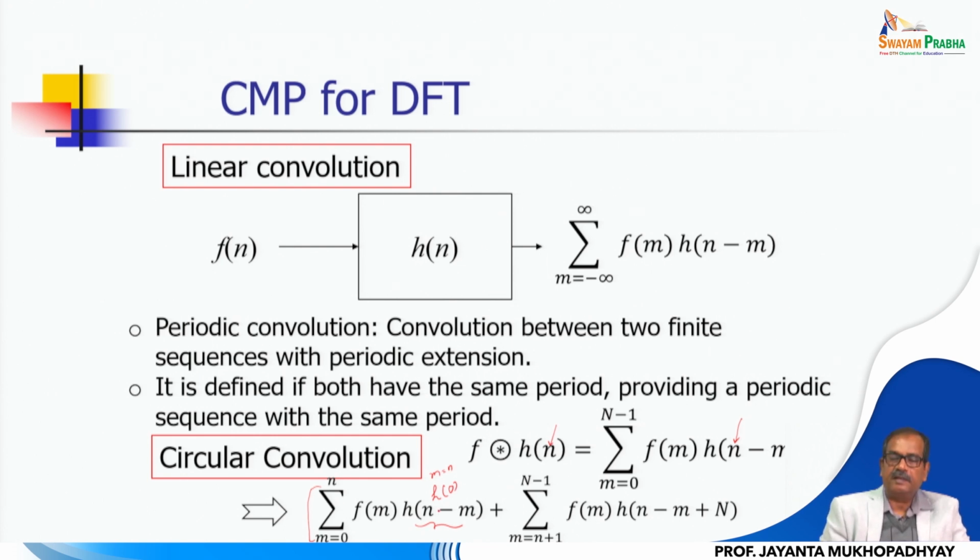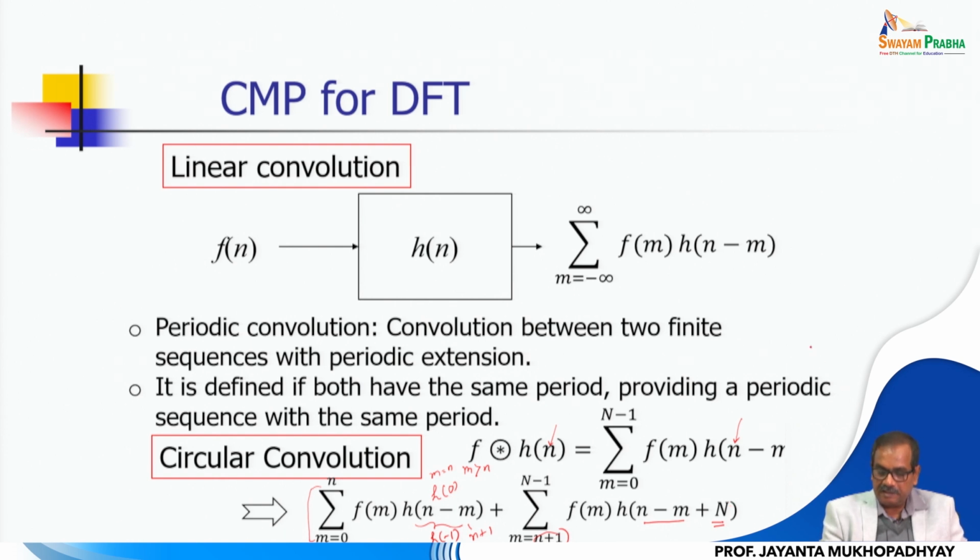Till then, the definition of my impulse response is valid, because I have defined the impulse response only for the positive side, positive argument. But the moment m becomes greater than n, for example m is n plus 1, it becomes h minus 1. So for the definition of h minus 1, we apply this periodic definition.